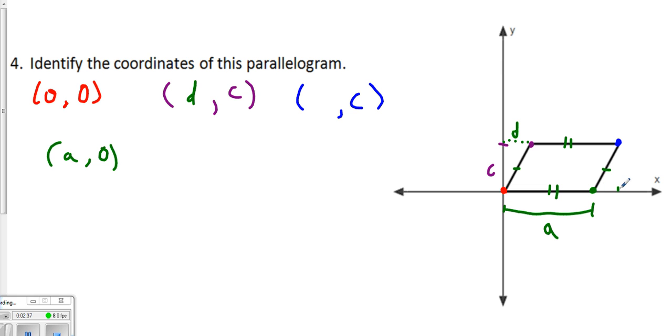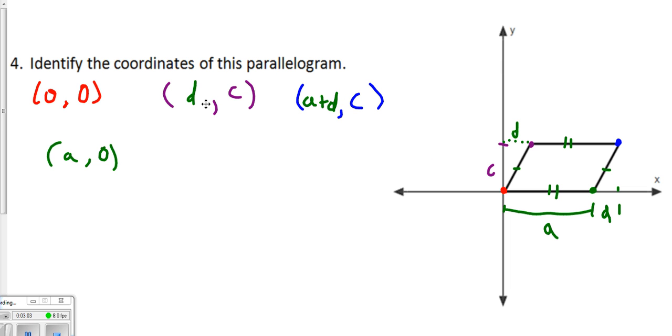So over and up has to be the same amount as this over and up. So here to here, this x distance has to be the same as that. This x distance was A. Here to here is another D amount. So this x value has to be A plus D.